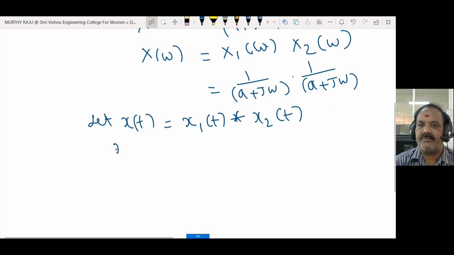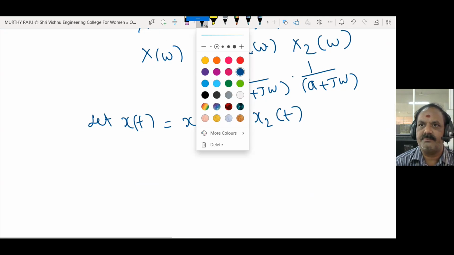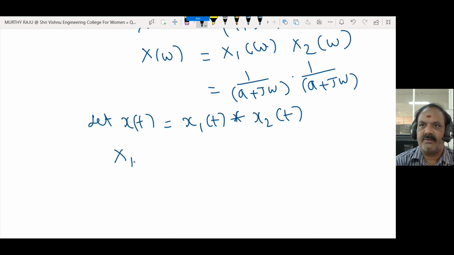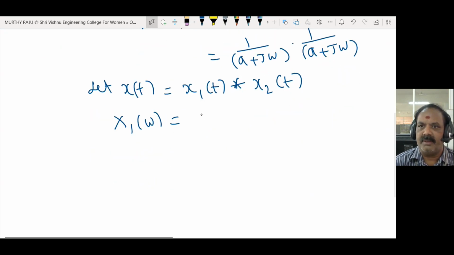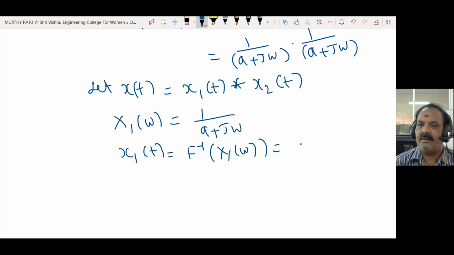For the given problem, X1 of omega is equal to 1 by a plus j omega. x1 of t is the inverse Fourier transform of X1 of omega, or inverse Fourier transform of 1 by a plus j omega.